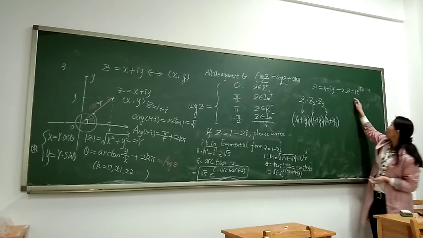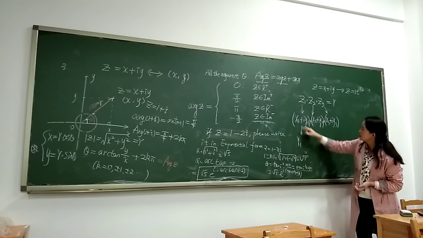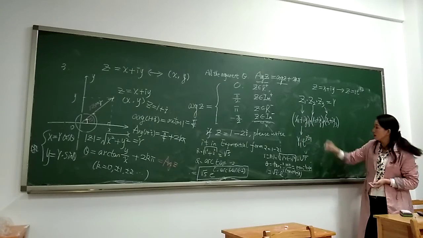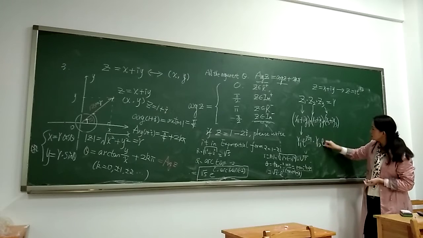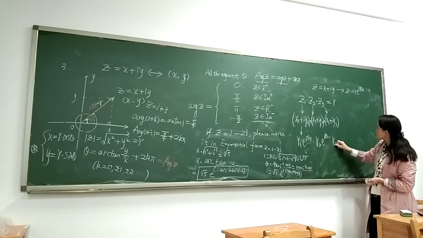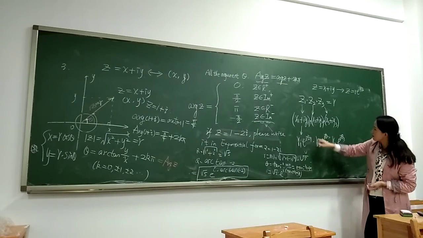So if you write in this form, R1 e^(iθ1) multiply R2 e^(iθ2), and R3 e^(iθ3), multiply.